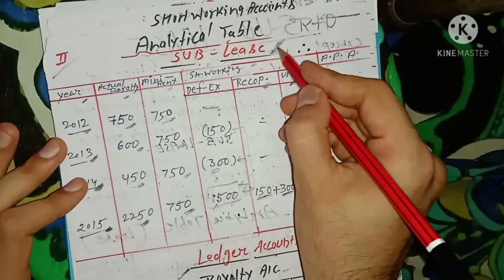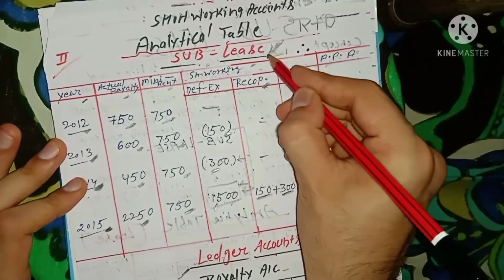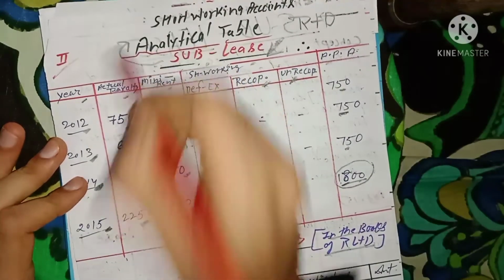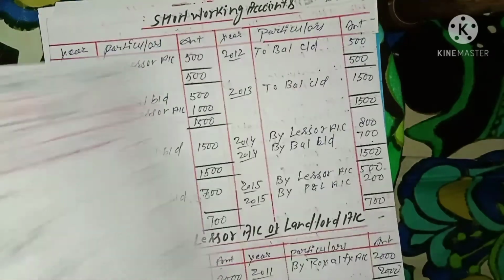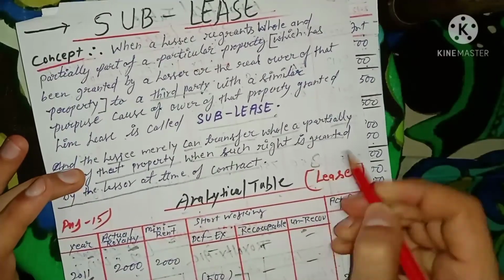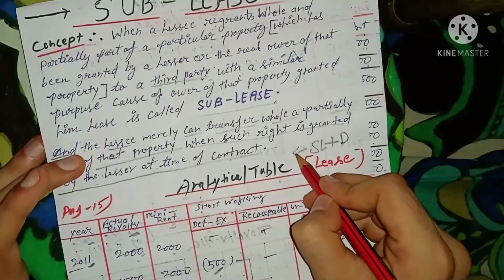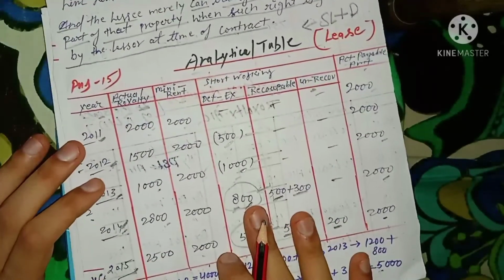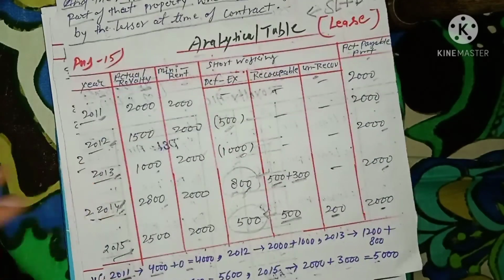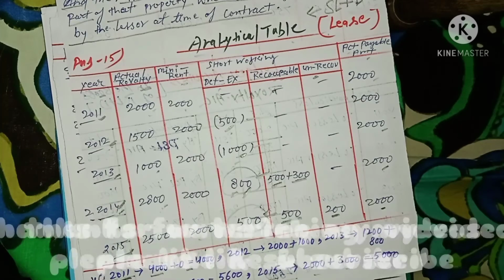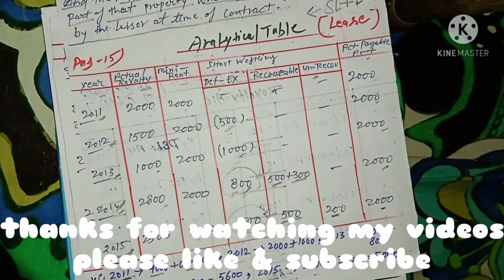In case of R limited, we prepare the sublease analytical table, and in case of S limited, we prepared simply the analytical table. You have already done that, so we have already done with this other topic, which is known as sublease account.